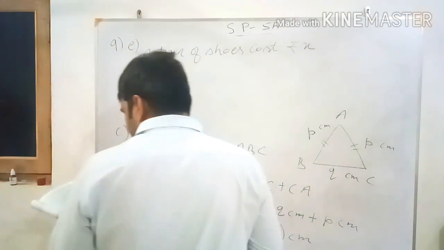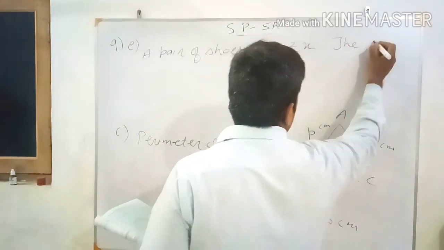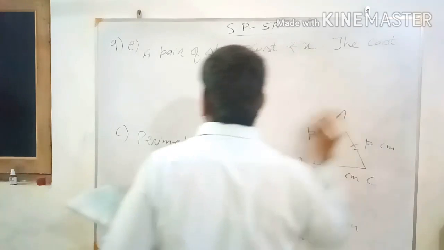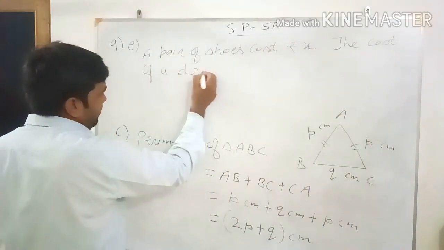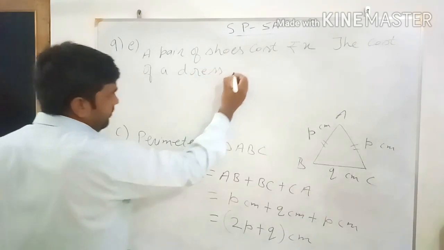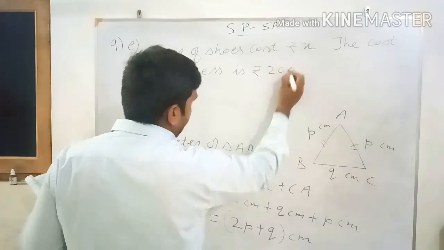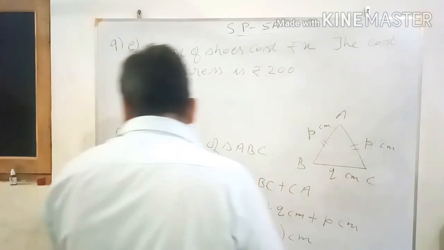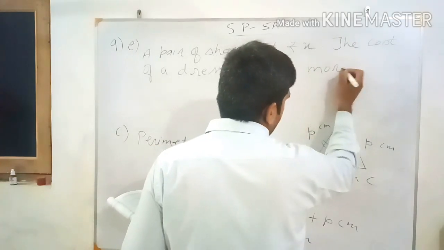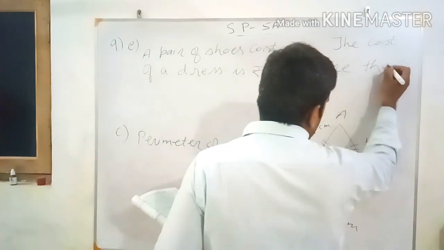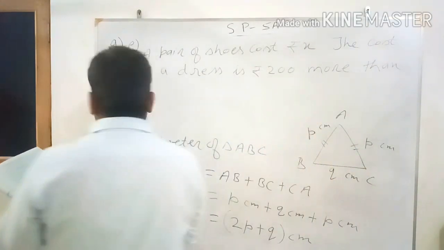The cost of a dress is rupees 200 more than 5 times the cost of the shoes.